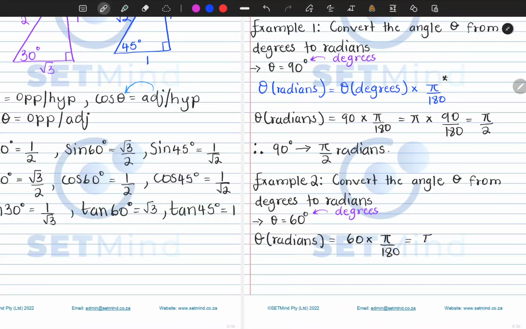So this becomes pi over 3. So meaning any angle which is 60 degrees, if we want to use radians, we are just going to use pi over 3. So let's go to the next page to example 3, where we are supposed to convert an angle theta of 30 degrees.